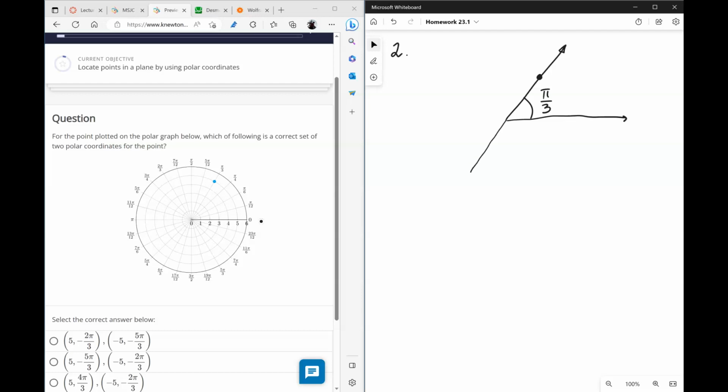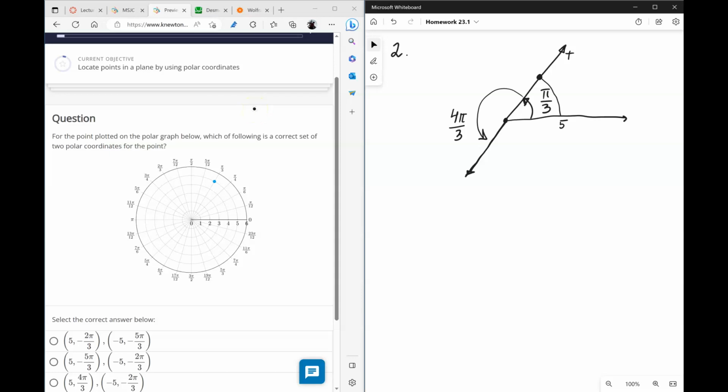One way is by measuring pi over 3 and then moving in a positive direction 5 units. And the other way is we can go all the way and measure 4 pi over 3, and then in that case we'll be facing this way, so we'll have to go negative 5 because in this case positive and negative will be switched.